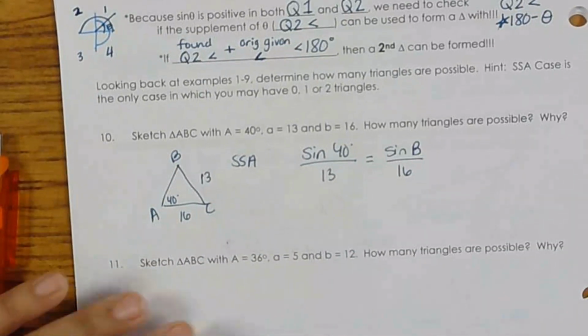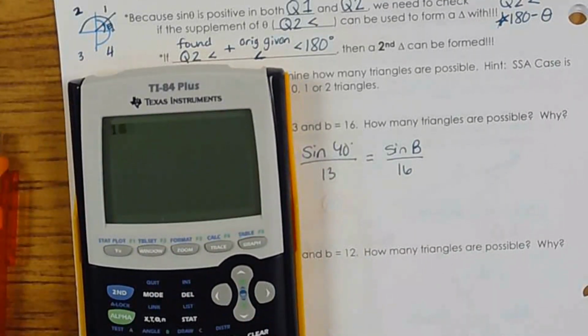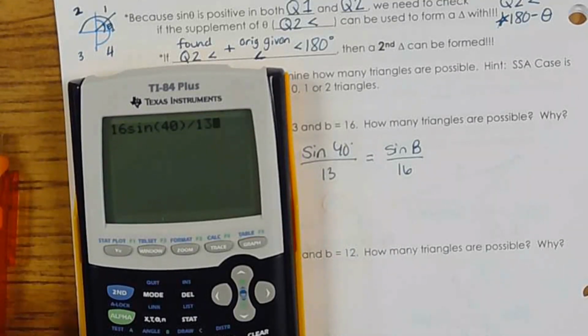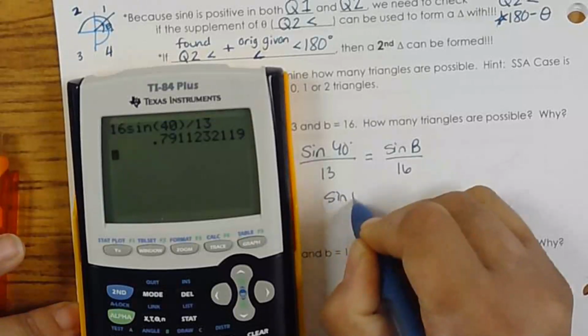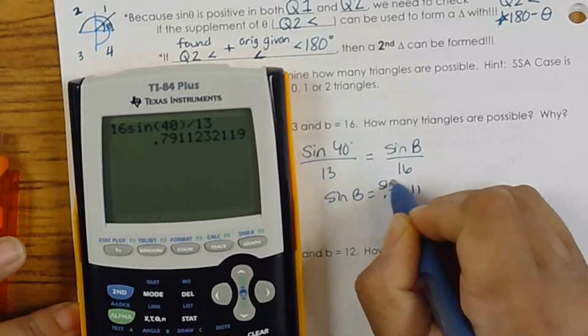You would find your angle B now. So in your calculator, you're typing in 16 sine of 40 and dividing by 13 to find out that sine of capital B is 0.7911, and then take the inverse sine of that.